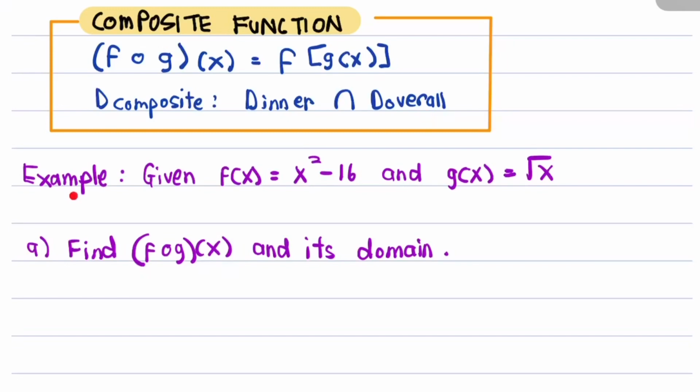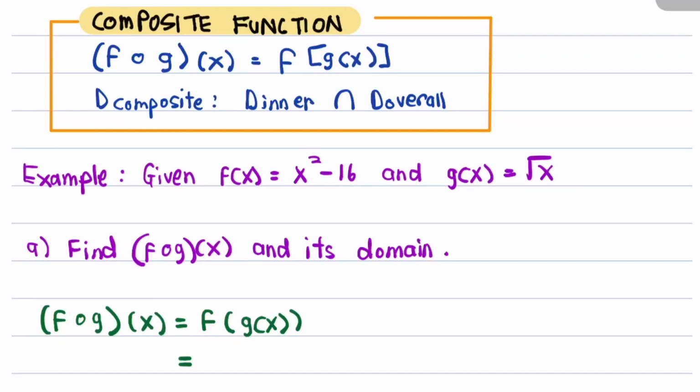Now, for example, if you are given f(x) equals x squared minus 16 and g(x) equals square root of x, and the question asks you to find f composite g and its domain. First thing first, write down your composite function f composite g(x), which is f of g(x), since the inner function is g(x).